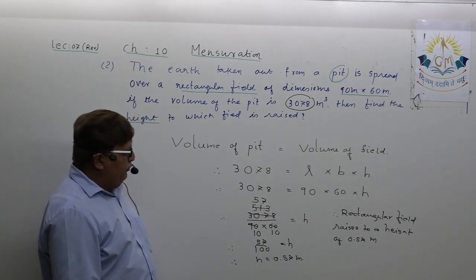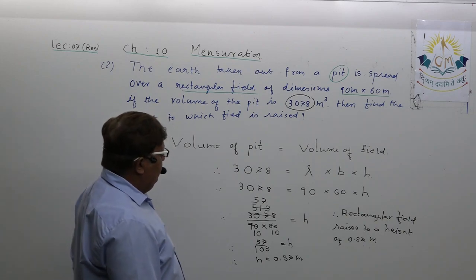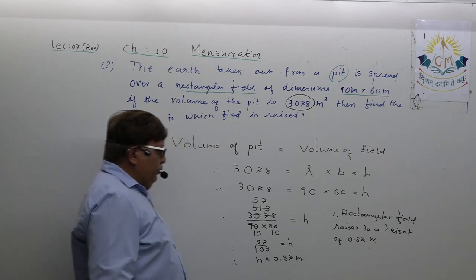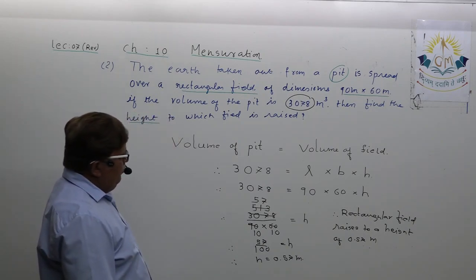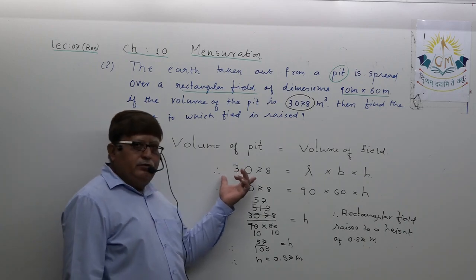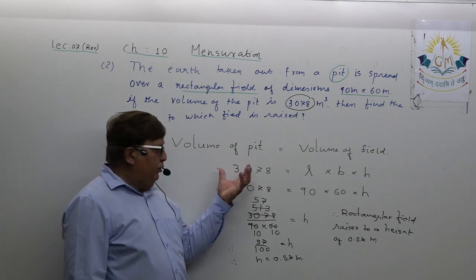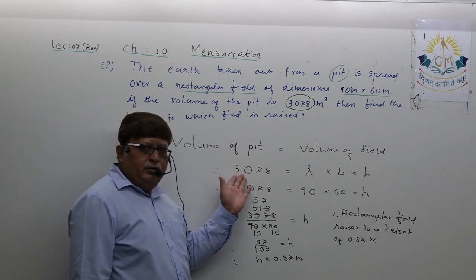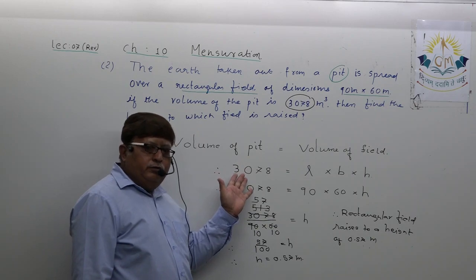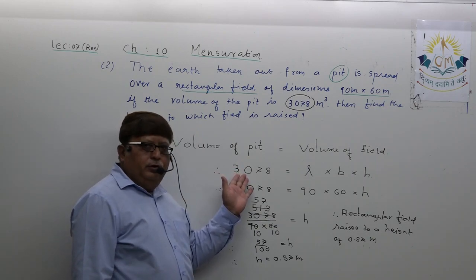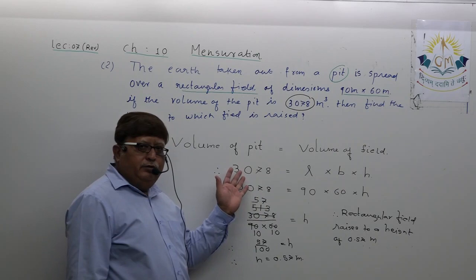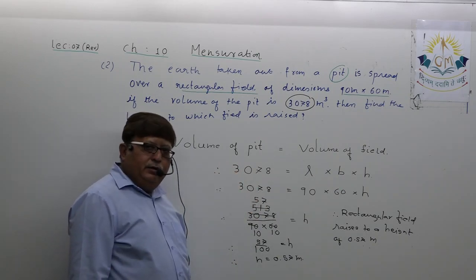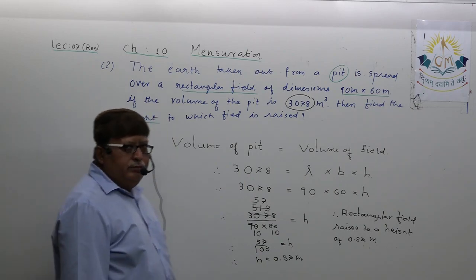Just you look at the sum, okay, you will be able to understand it very easily. Otherwise you have to just utilize the formula L into B into H, but because the volume of pit has already been given, we directly replace that value here.